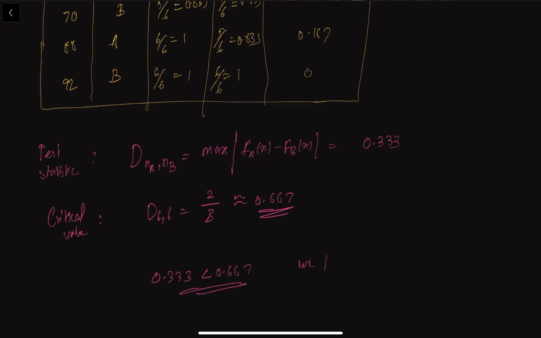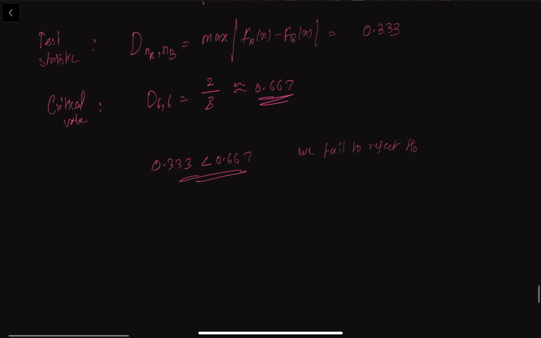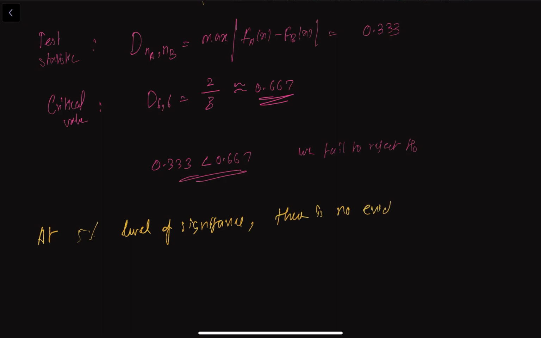That means we fail to reject our null hypothesis. Therefore, at the 5% level of significance, we can say there is no evidence to suggest that the lifetime distributions of brand A and B are different.